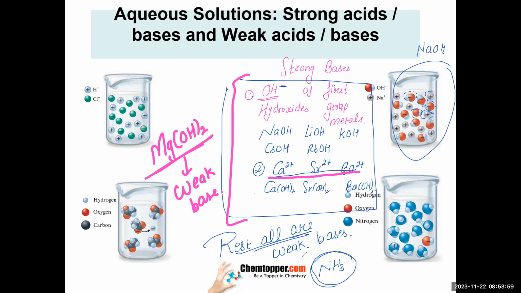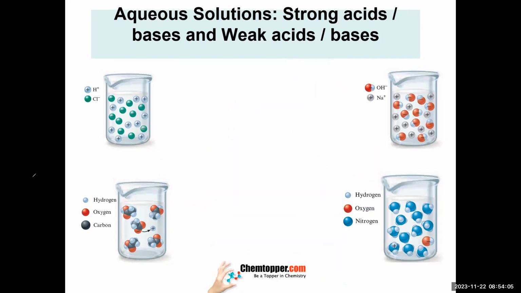Only Anil is interacting with me. Afan, question for you. I'm giving you some bases here. You have to identify them as strong or weak. So these are the bases. Can you identify what kind of base is this?